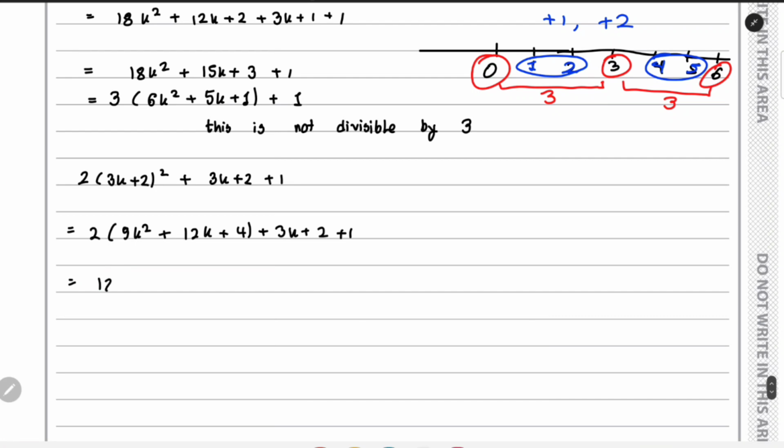This is 18k square plus 24k plus 8 plus 3k plus 2 plus 1.